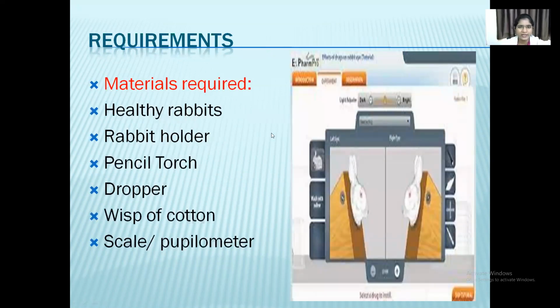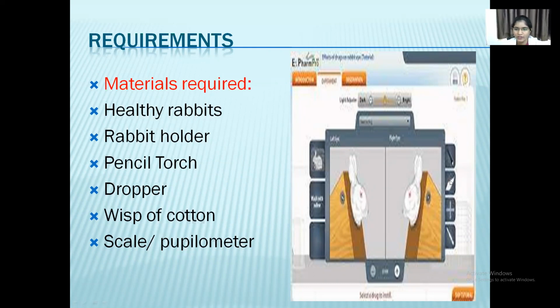So requirements, what are the materials required? First, we have to take a healthy rabbit and rabbit holder. This is the healthy rabbit and rabbit holder, and pencil torch. Here you can see this is the torch, and dropper. This is the dropper, and wisp of cotton or cotton wool.